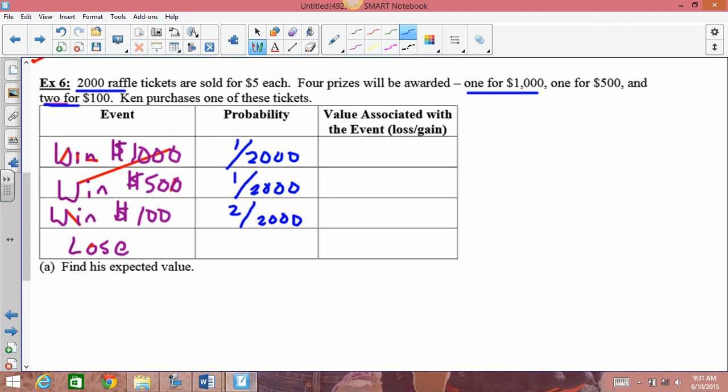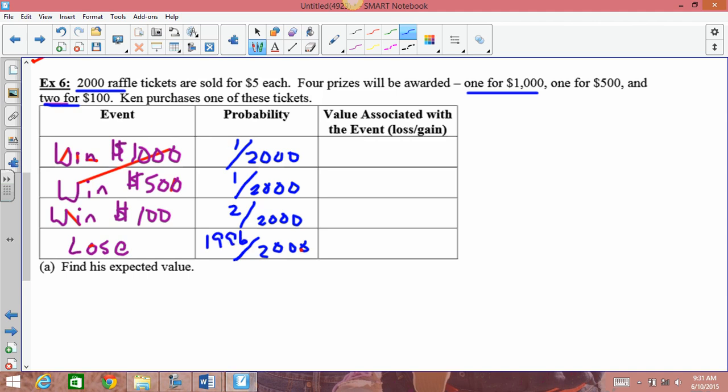So you've got a greater chance of winning $100. Losing, then, it's still got to be out of 2,000, because remember, this column needs to add up to 1, so this column needs to add up to 2,000 over 2,000. So right now I have, just adding up these numerators, 2, 3, 4. I do 2,000 minus 4, that's 1,996.